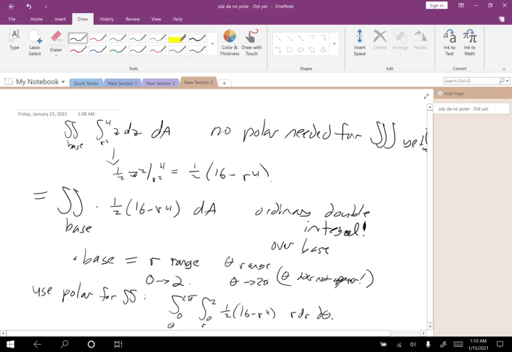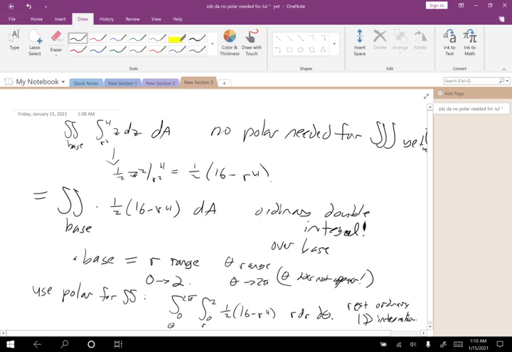And the rest is routine. It's just ordinary integration. Because there's no theta, you can just integrate theta to 2 pi, and then we just have an integral in r. So that one will be straightforward.